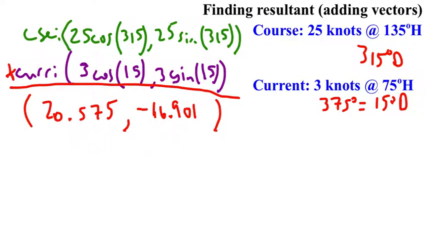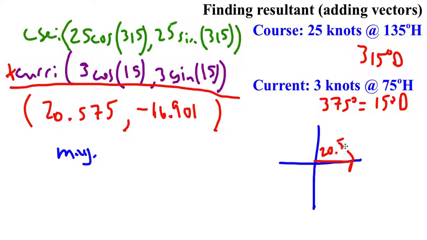We don't care too much about those in particular, but we do more so care about the actual magnitude and direction of the resultant. All this really is, if you think about it carefully, is the x component, 20.575, and the y component, which is heading in the negative direction, taken together.